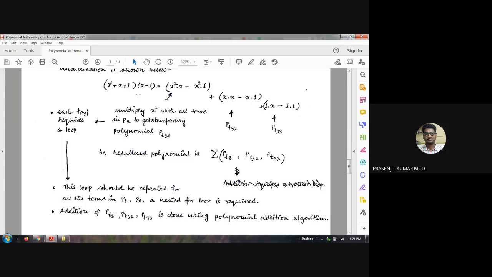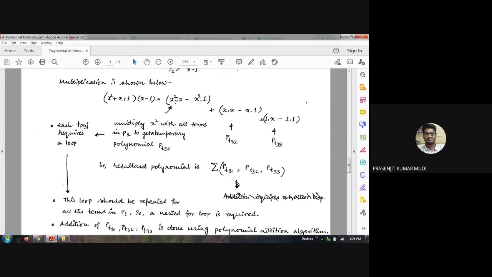So that means x square into x minus x square into 1. How many terms will each temporary polynomial have? Here it is 2, because the number of terms in the second poly is 2. That's why these two terms are present. x square is multiplied with x, one multiplication. x square is multiplied with 1, second multiplication.